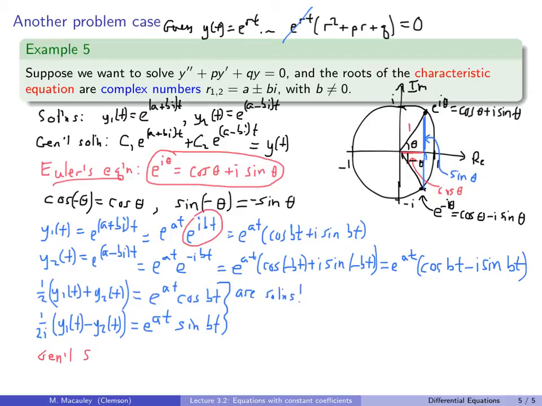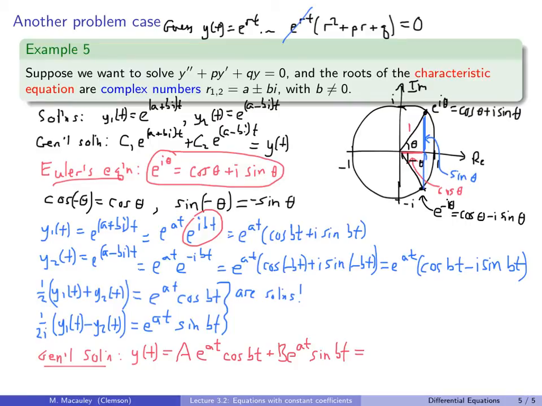So the general solution, let's write this down. The general solution y of t can be written as, well, I've used C1 and C2 up here, so I'm going to use capital A and capital B as constants. So big A times e to the at times cosine of bt plus capital B times e to the at times sine of bt.